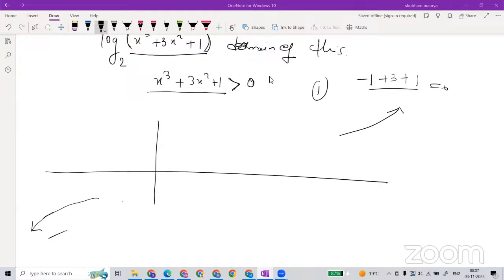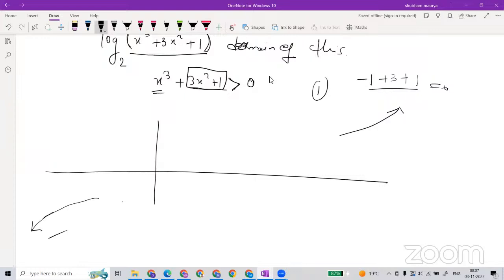Okay, you are saying x cube plus 3x square should be equal to -1. If it is -1, then no, this is not the way. So what you can do, see, this part will never be negative.